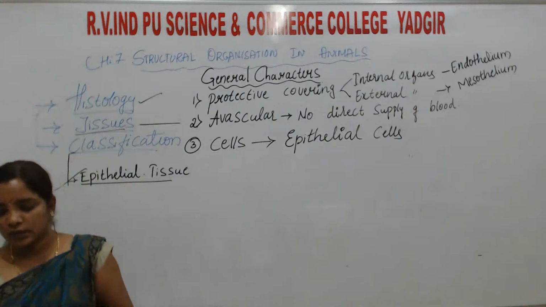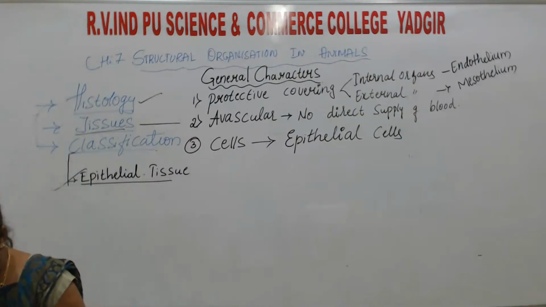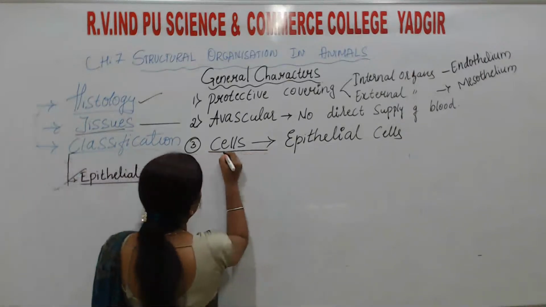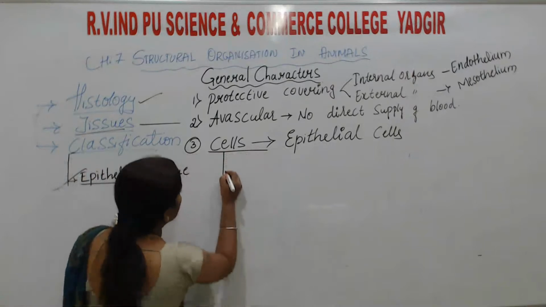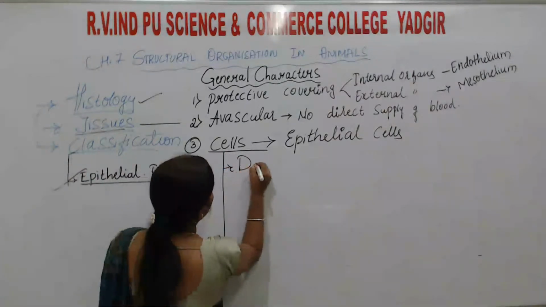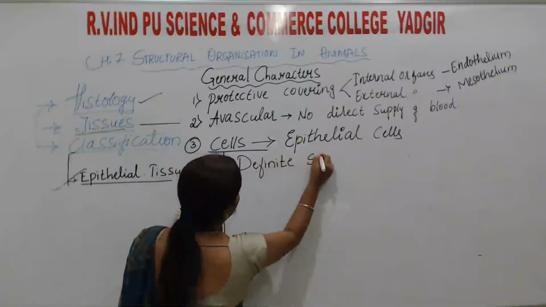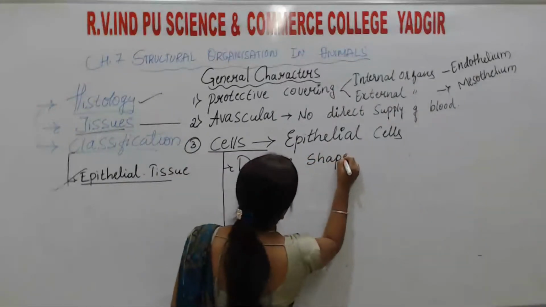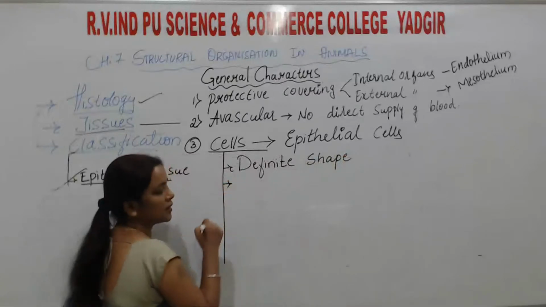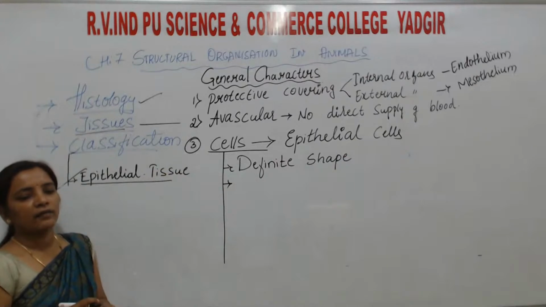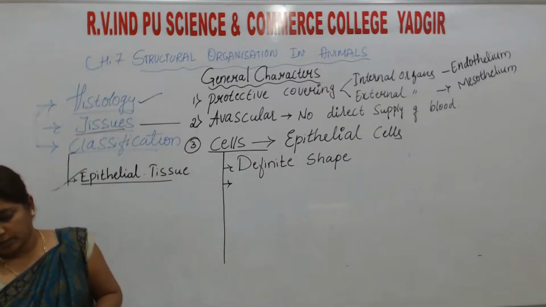Epithelial tissue means a group of cells, and that group of similar cells is called epithelial cells. If you go through the characters of these cells, they have a definite shape. The cells present in epithelial tissue have a definite shape.